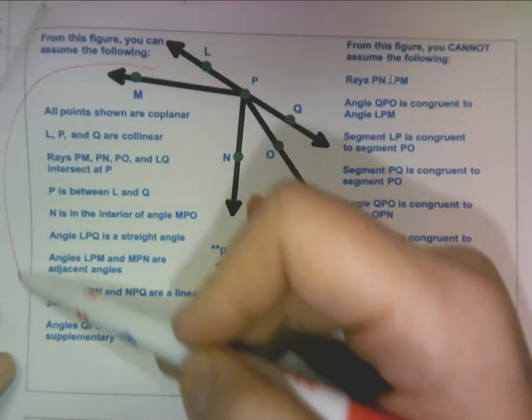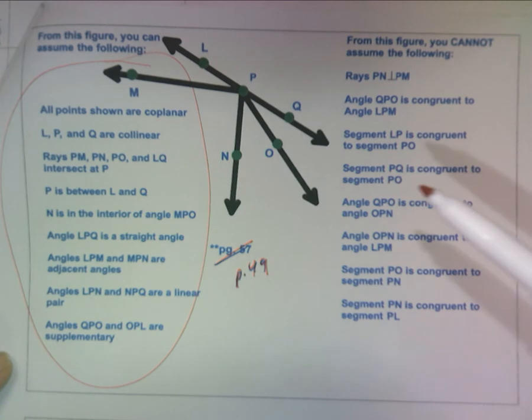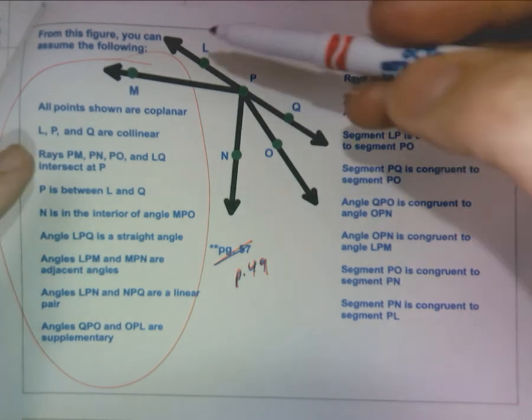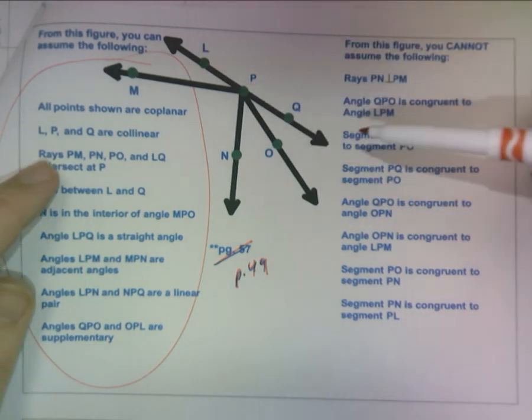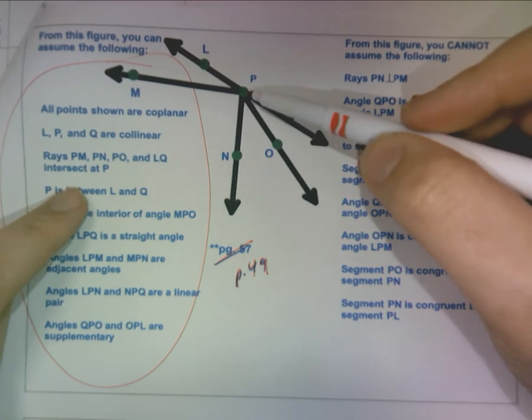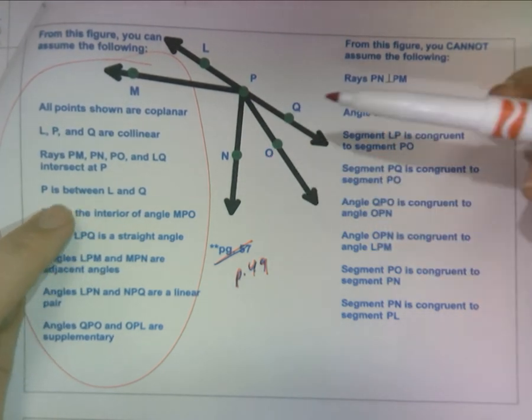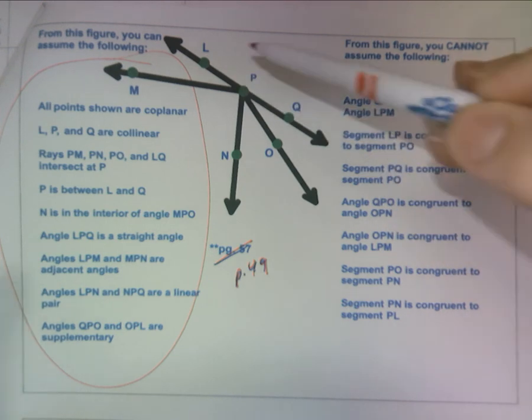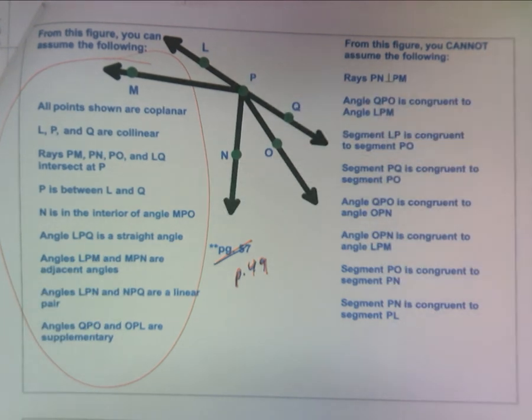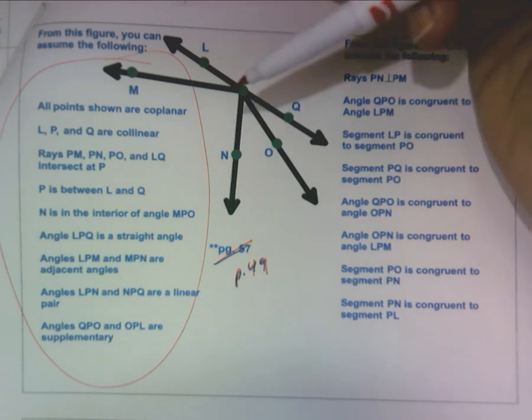Here's what you can assume. That the points are coplanar. That these 3 points are collinear. That the rays are forming an angle and intersect at point P, that P is between L and Q. Notice nothing about right angles or the measures of the angles.